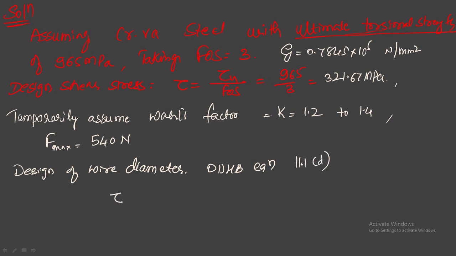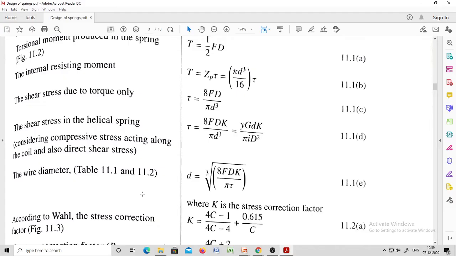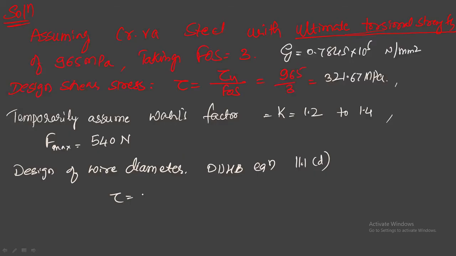So now shear stress tau equal to 8FDK divided by pi d cube. In this case tau is given, F is known, D is also known, K is known, d cube is unknown, pi is known.